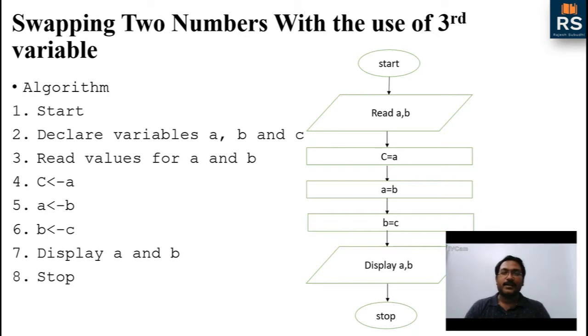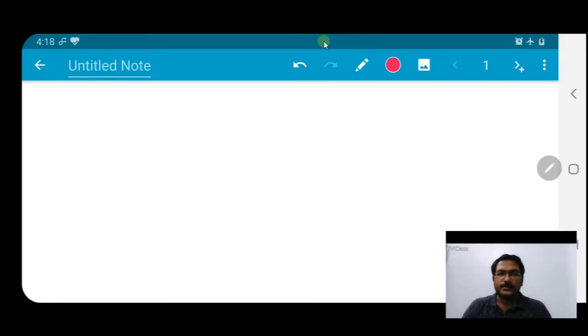Then print a and b. Similarly, except for step number 2 of the algorithm, all other steps have been diagrammatically converted into a flowchart. So let us see how the numbers are actually swapped.